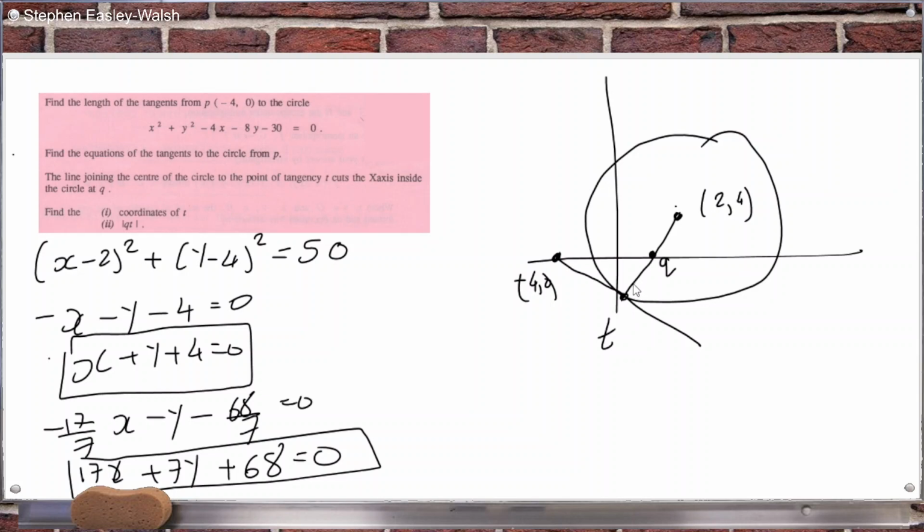But the problem is I have two tangents, so I'd have two slopes. Which one do I go with? So either the m is 1 because it's perpendicular, or 7 over 17.